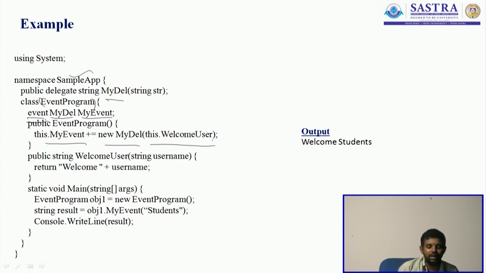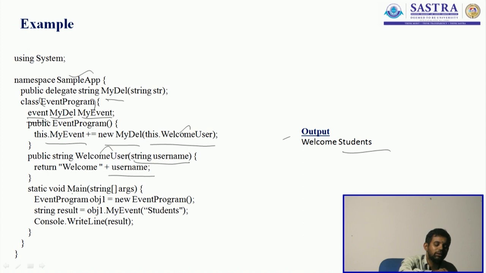This means that you want to call a method called WelcomeUser. In it, whatever argument you specify is passed, and it returns a concatenated string: welcome, then the argument we passed. Assume we pass the value students, so it returns welcome students, right?